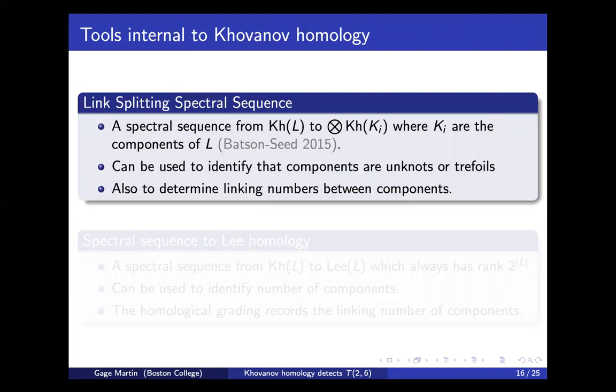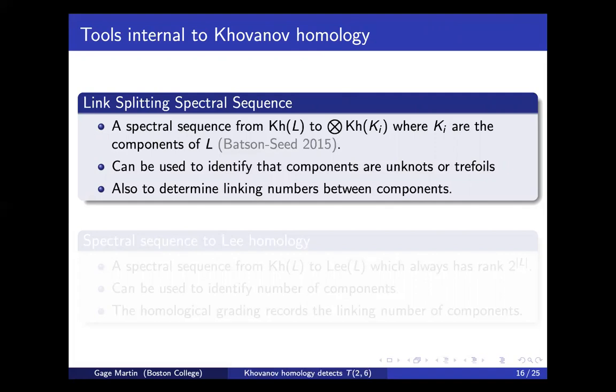The first type of tool is tools that are internal to Khovanov theory. The first of these tools is what's called a link splitting spectral sequence. This is a spectral sequence from the Khovanov homology of a link L to the tensor product of the Khovanov homologies of the components of L. And this is also the same as the Khovanov homology of the split link built out of these components through disjoint unions.